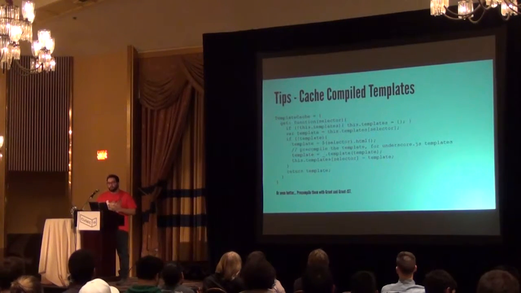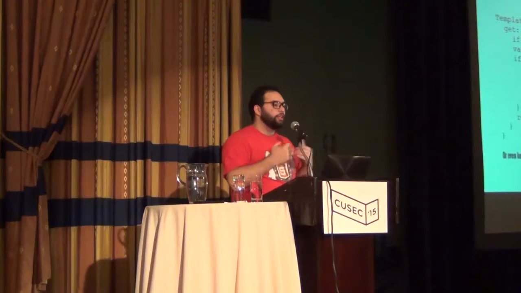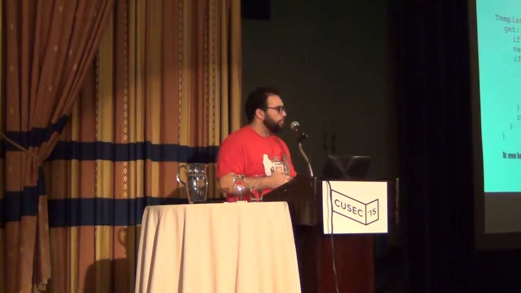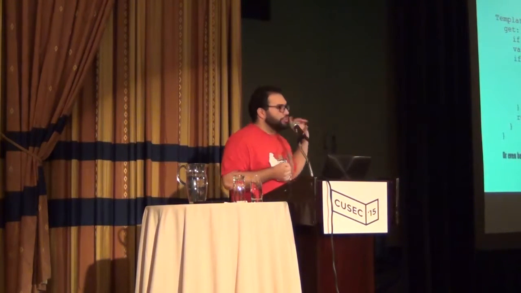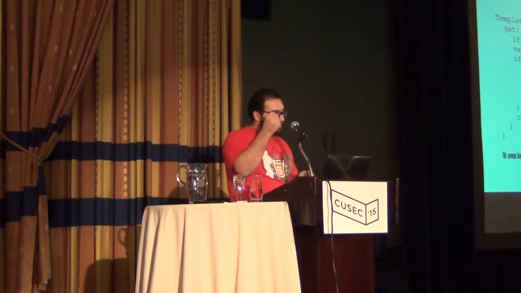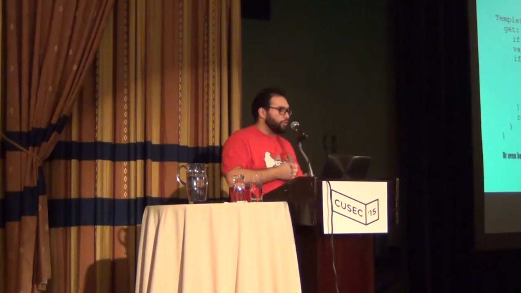Or even better, if you're using a build tool like Grunt or Gulp, you can pre-compile these templates, include them in a JavaScript file, and load them straight up with your application. So here's a little sample code that you could use to just cache a template. It's very simple, okay? And alternatively, you can also pre-compile them with Grunt.